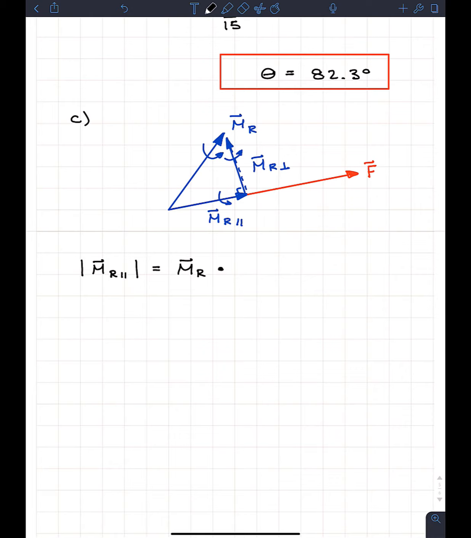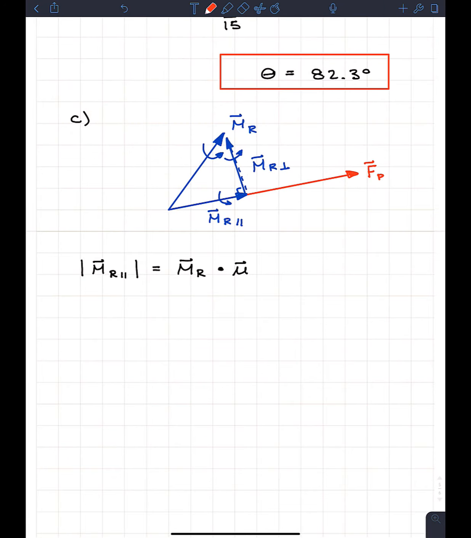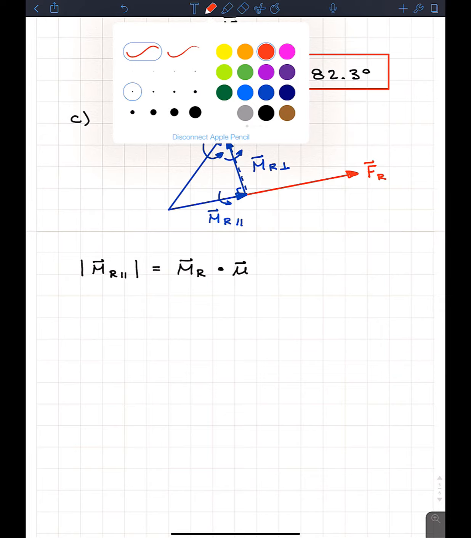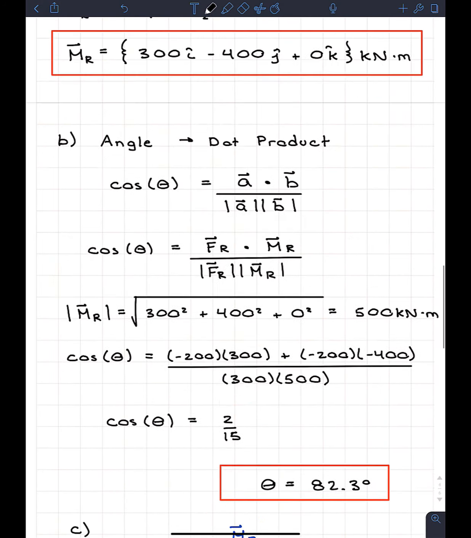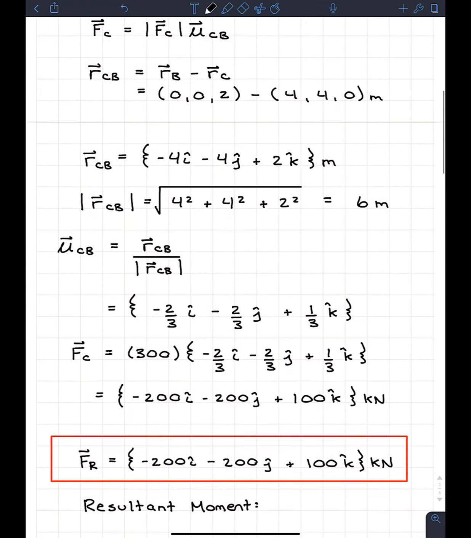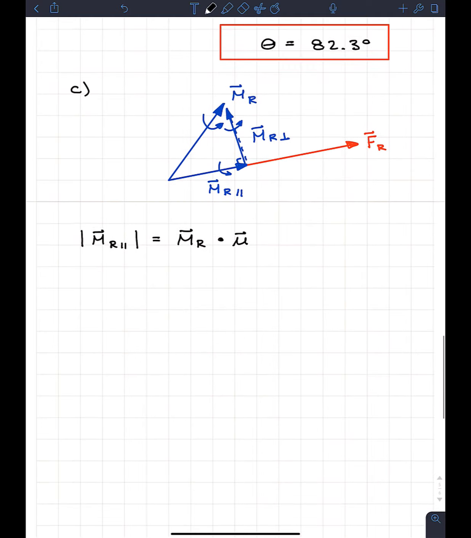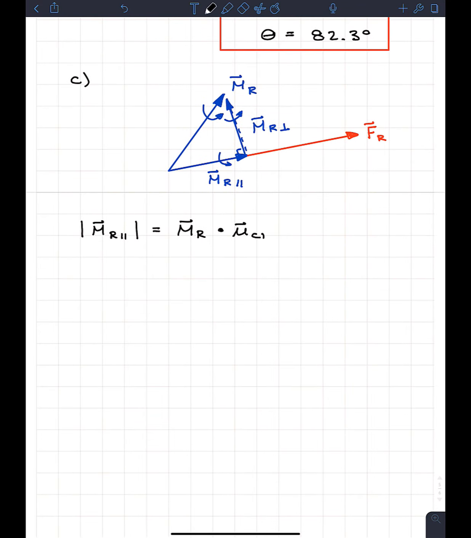And the direction will always be a unit vector. And in this case, it wants the direction of FR. So I should probably put FR. And since we know FR is equal to FC, this will be the unit vector that we used up above when finding FC. So if we go to the top, we know that it's going to be UCB. So right here I can put UCB.